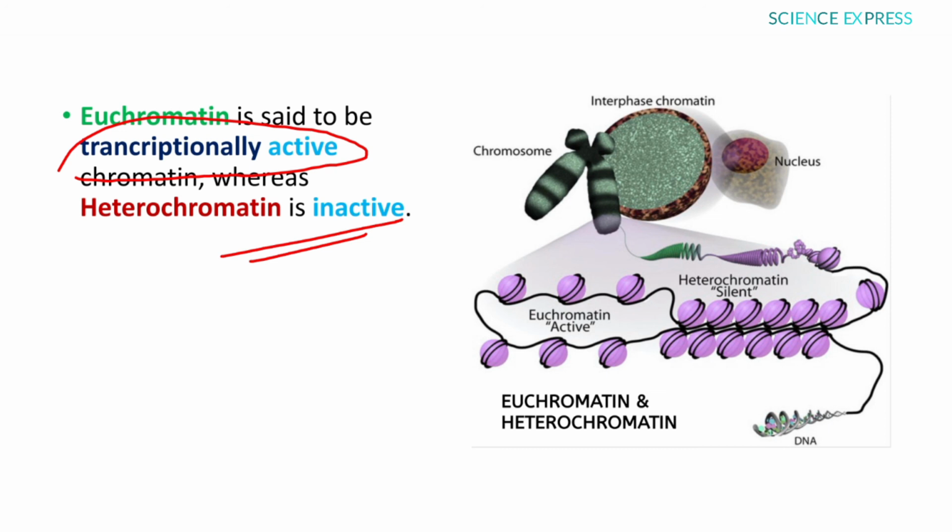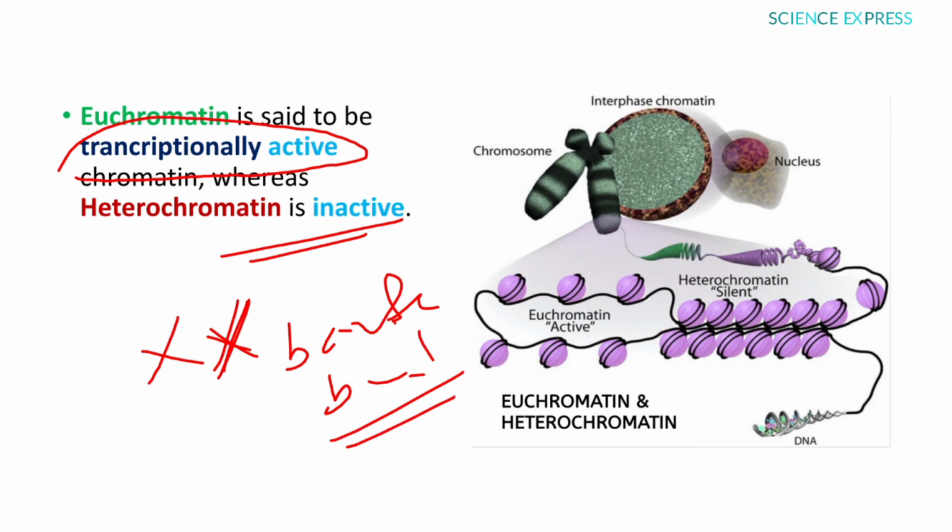An example of heterochromatin is the X chromosome that is present in a female body as a Barr body. Clear? So the Barr body is an example of heterochromatin.